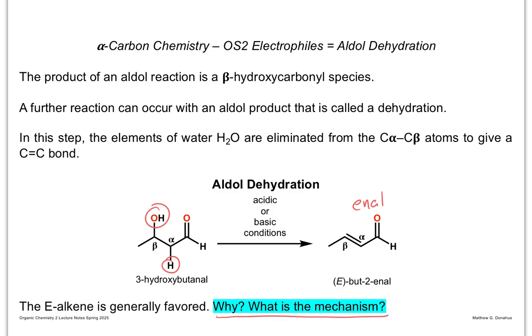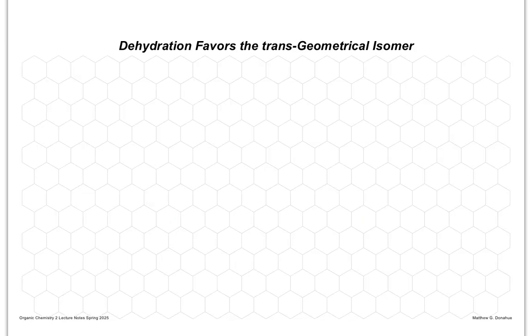And so why does it favor the trans? So let me put my thinking cap on, see if I can remember the way to draw this.